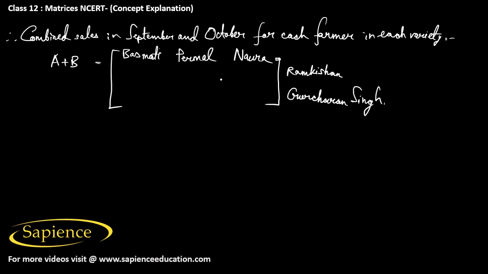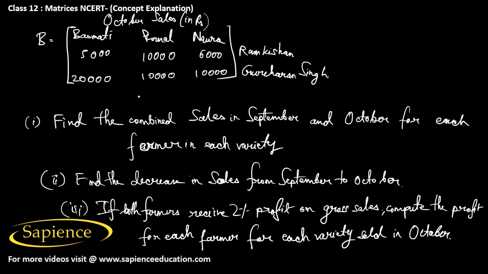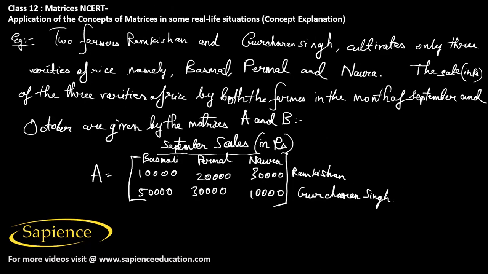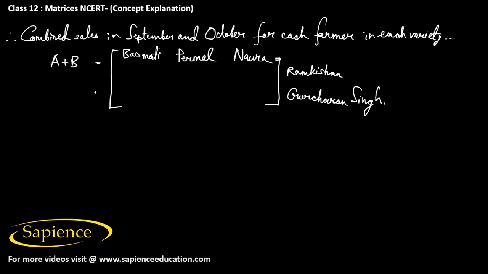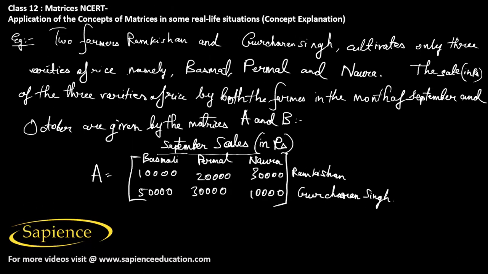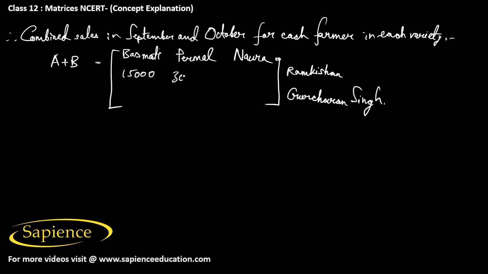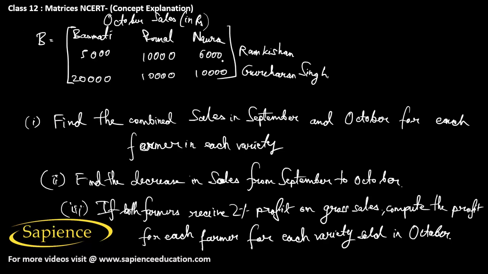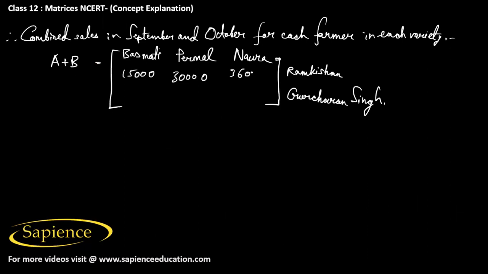So if we add the two matrices, 5,000 plus 10,000 will be 15,000. For basmati, the sales is 15,000. For permal, it is 10,000 plus 20,000, that is 30,000. And for nora, it is 6,000 plus 30,000, so that is 36,000.